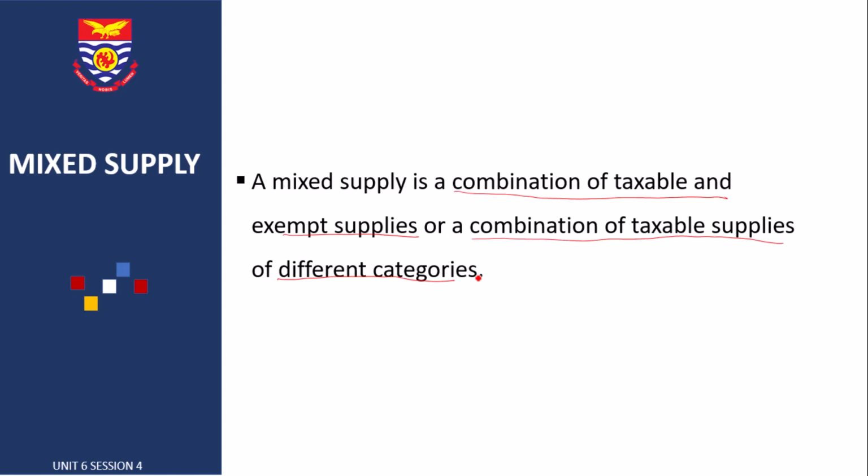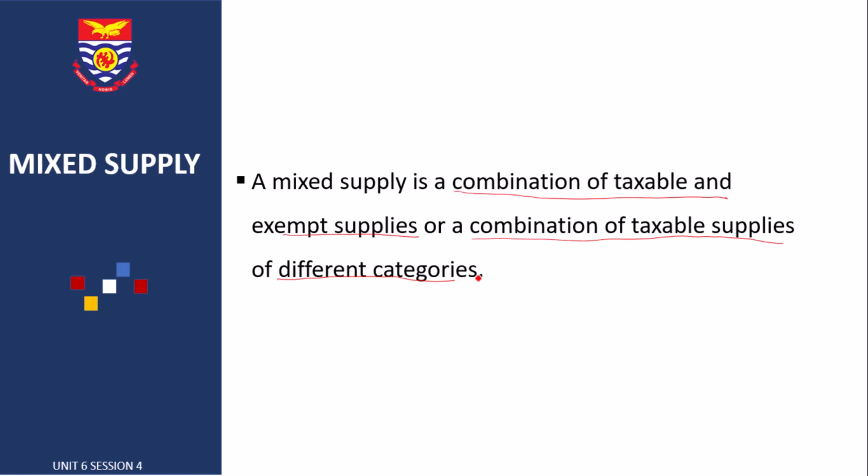The predominant character is determined by looking at the relative value of the taxable and exempt components of the supply, and the components that constitute the greater part of the supply is considered to be the predominant character of the supply.